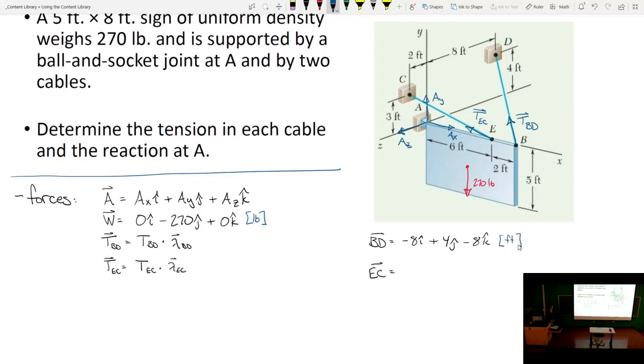Does everybody kind of see what I'm talking about here? From B to D, along the x, we go -8. Along the y, we go +4. And along the z, we go -8. Is that okay? And for EC, similar determination.